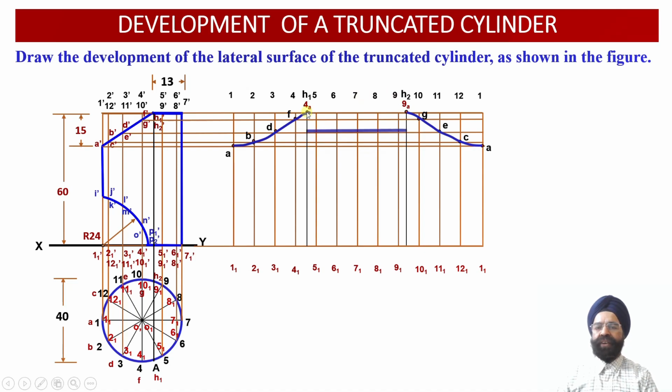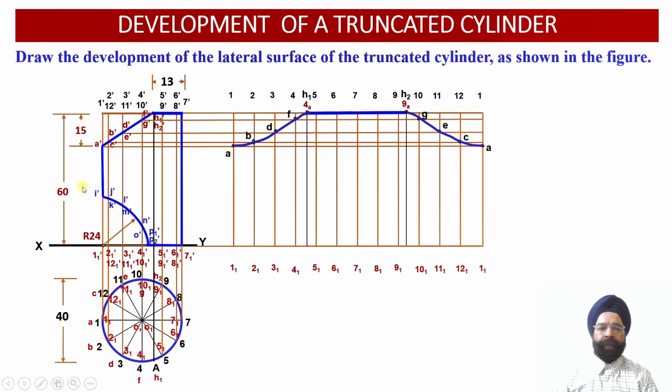So these vertical generators have not been cut by this AIP. So we get a flat portion corresponding to the top face of the uncut cylinder, appearing in the lateral surface development of the top portion of this truncated cylinder over here. So now the development corresponding to the AIP number 1 has been obtained.